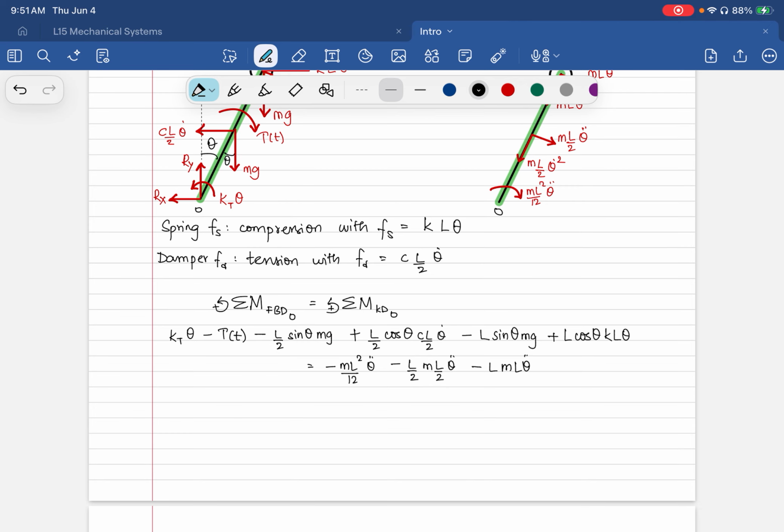If you were to now carefully reorganize this, you will get 4 by 3 m L square theta double dot plus c L square by 4 cos theta theta dot plus k L square cos theta theta plus k t theta minus 3 by 2 m g L sine theta is equal to tau of t.